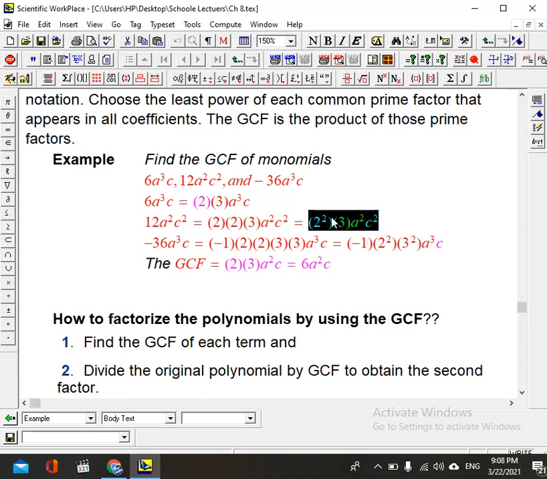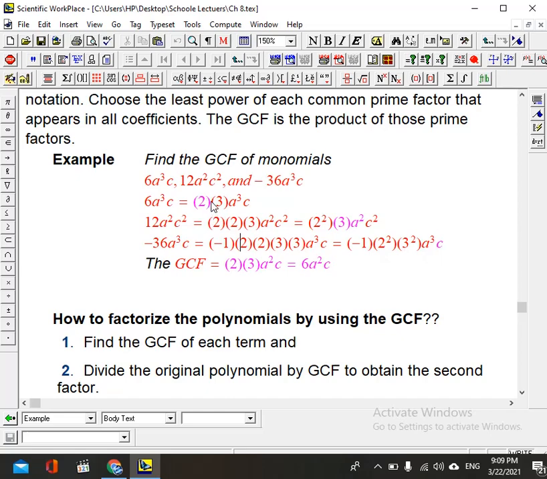I will focus on the exponent notation. Negative 36, because it is negative, I will put negative 1 here first. Then I can complete 36: how can we factorize it? It will be 2 times 2 times 3 times 3, which is 2 squared times 3 squared, a cubed times c.